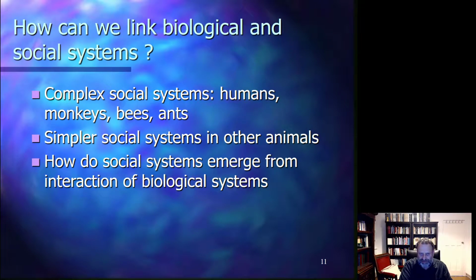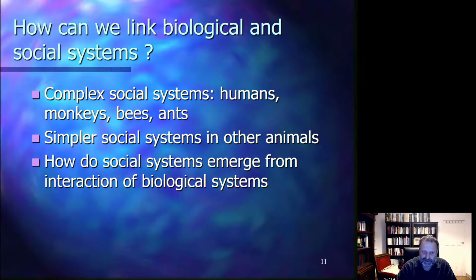And then how can we link together the biological and the social aspects of this evolution? So clearly, if you look at humans, monkeys, bees, ants, and there are many other social animals, what you see is that there are social systems. Dogs interact with each other and they form some social system. Mice interact with each other and they have some level of social system.